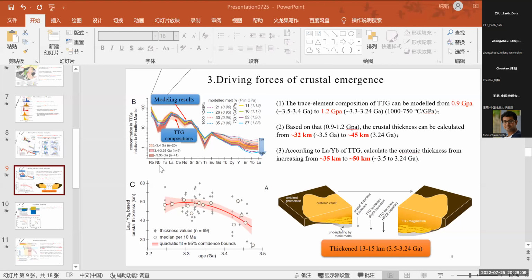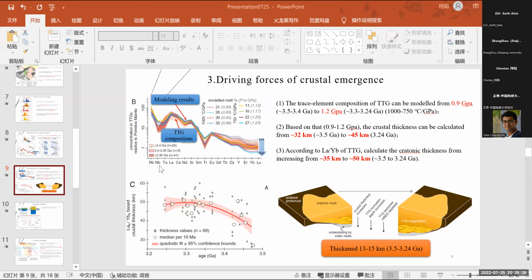Previously, in modern magmatism, some researchers claimed that this ratio correlates well with crustal thickness, because ytterbium is a heavy REE that is affected by certain minerals like garnet.